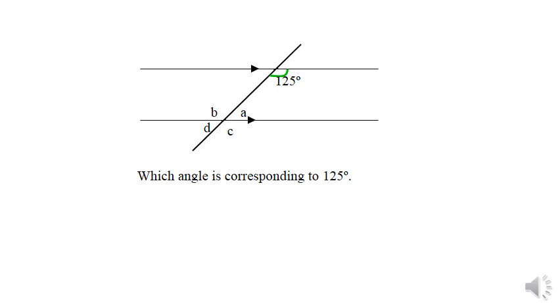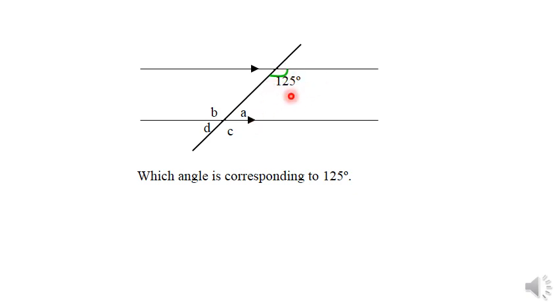So finally, now let's apply the property of corresponding angles to find the missing angles. Which angle is corresponding to 125? So I have here parallel lines. Please, can you search for an angle which is corresponding to this angle?